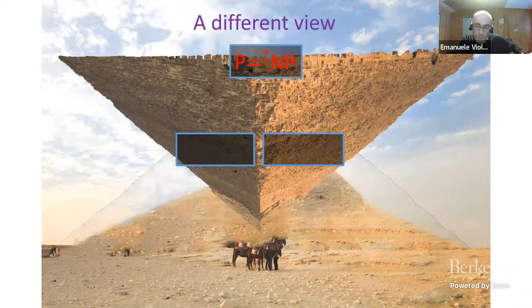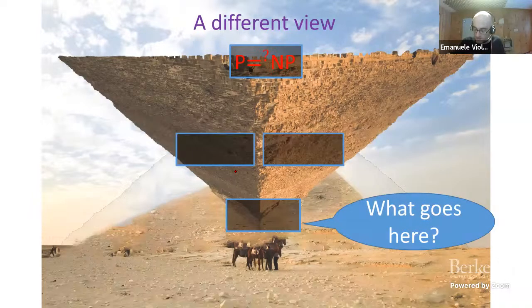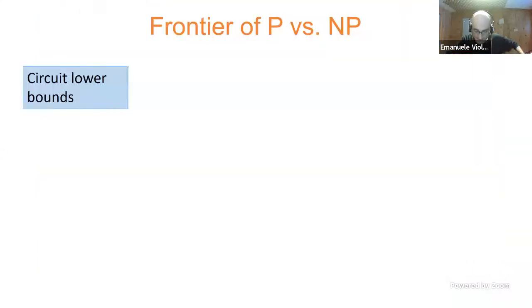There's maybe only a handful at the tip and at the base of the pyramid that we really have to understand to make progress. And a good question is what goes in here. Okay. So to answer this question, I'm going to now consider a few different well-known frontier problems in complexity.